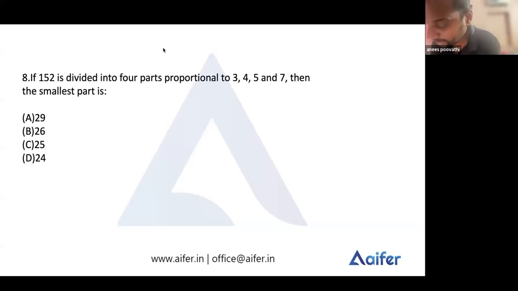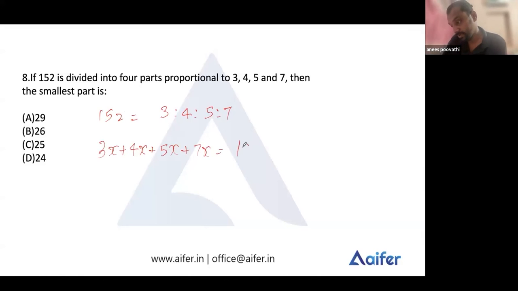We'll try to do. We have 152 divided into 3 is to 4 is to 5 is to 7, from which we can write 3x plus 4x plus 5x plus 7x is equal to 152.